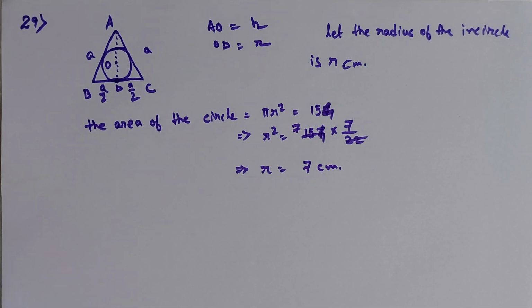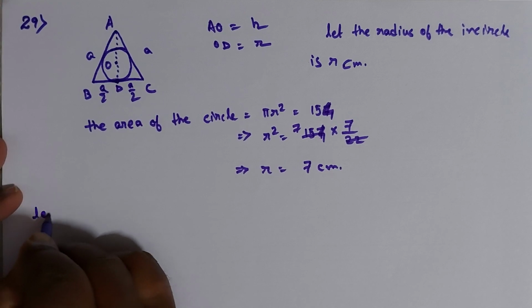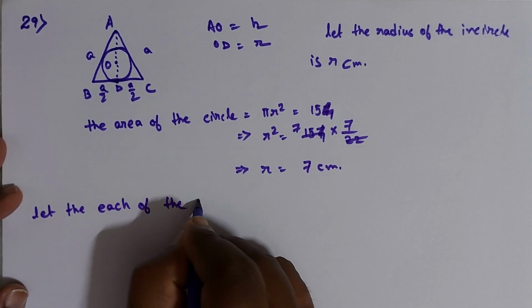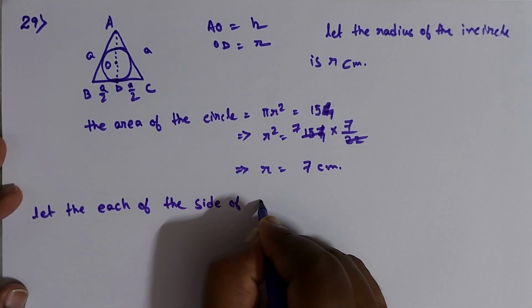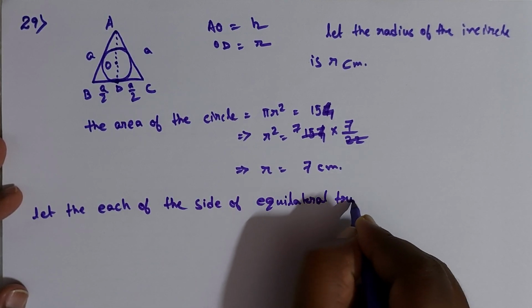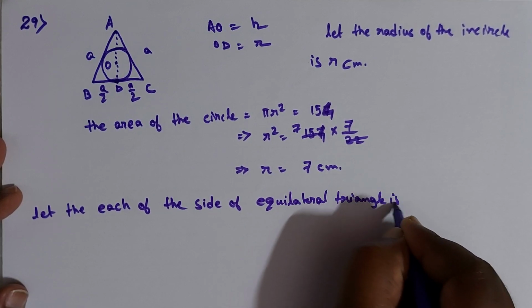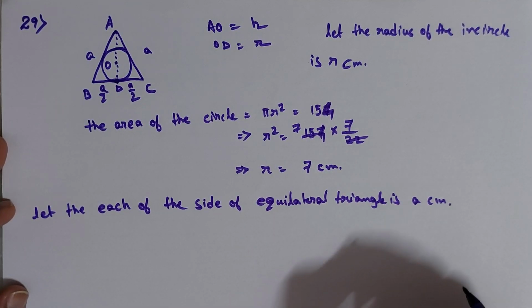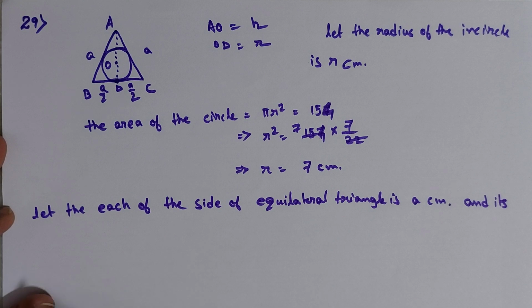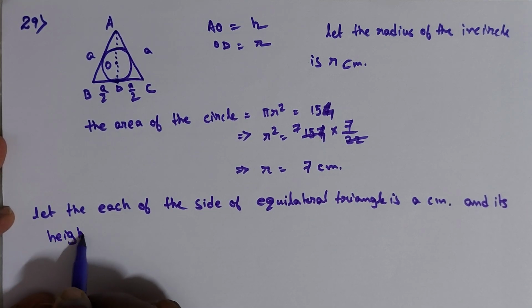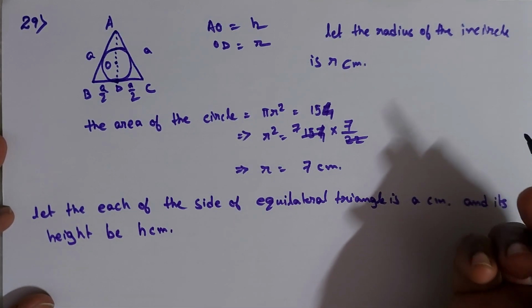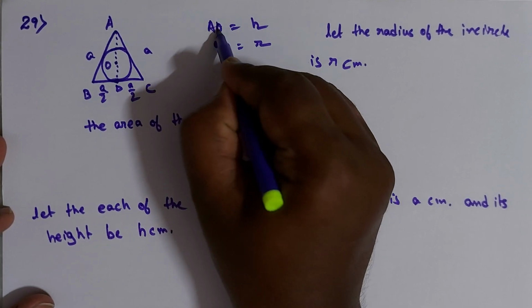Then let each side of the equilateral triangle be a centimeter, and its height be h centimeter. So let here this be AD.